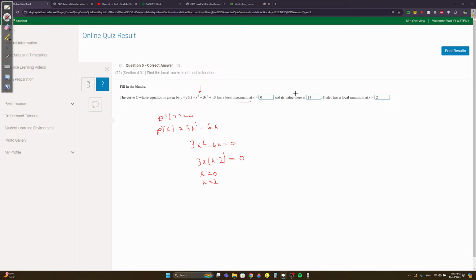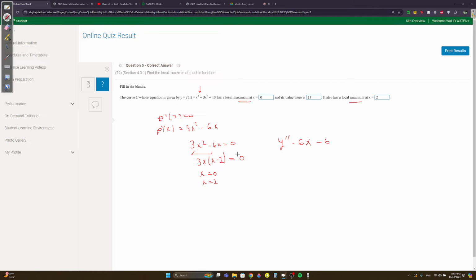We need to know which one is a minimum and which one is a maximum. You can use the first derivative using table of sign, or you can use the second derivative. In my opinion, in this case it's very easy to derive again, so I'm just going to use the second derivative: 6x minus 6.